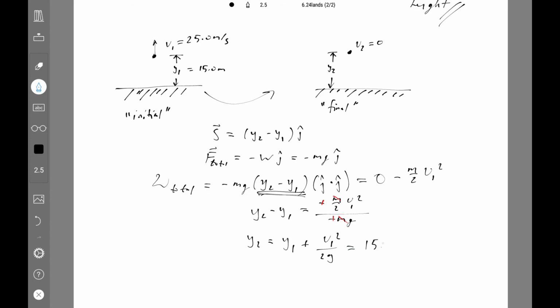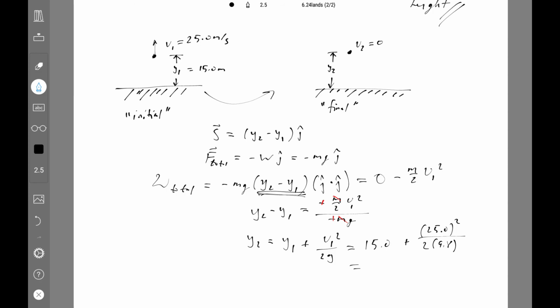So that's 15.0 meters plus 25.0 squared over 2 times 9.8. Let's forget about that unit for the moment. This better come out. 25 squared divided by 2 divided by 9.8 equals 31 point something plus 15. Did I do this right?